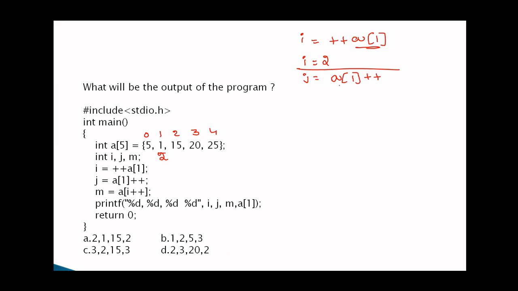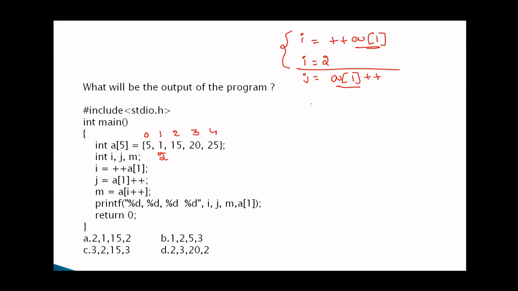What is the value present at A of 1? In the previous step, we updated the A of 1 value as 2. Now, always consider the updated value. So, post increment means first perform assignment and then increment. So, A of 1 value is equal to 2.